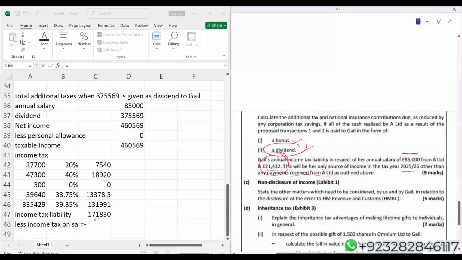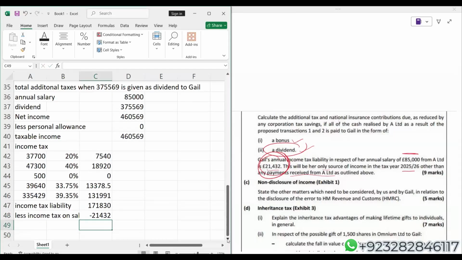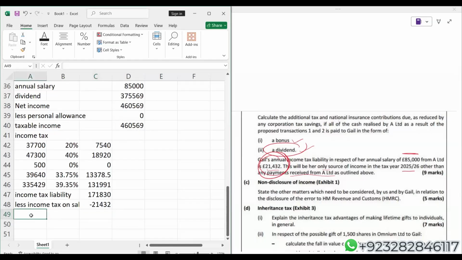You can see that in the requirement, it is given as 21,432. So additional tax is 1,50,398.